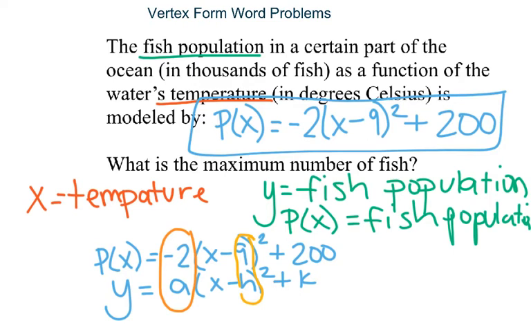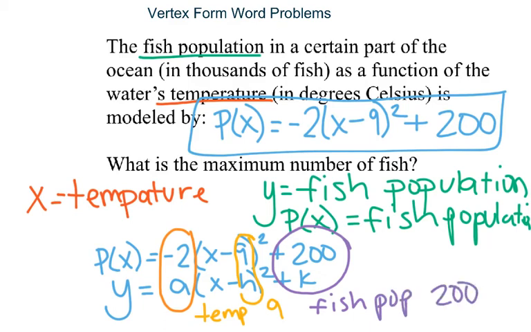So h, I'm saying the temp is 9. Let me use a third color. So my k is 200. So if the temperature is 9, that means the fish population is 200.